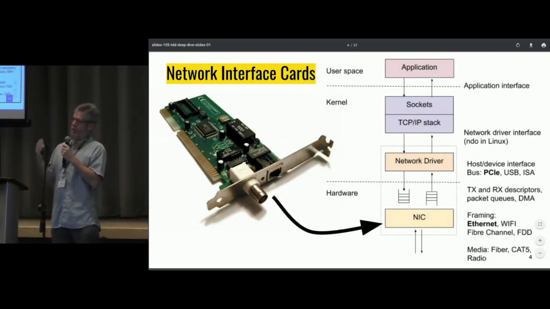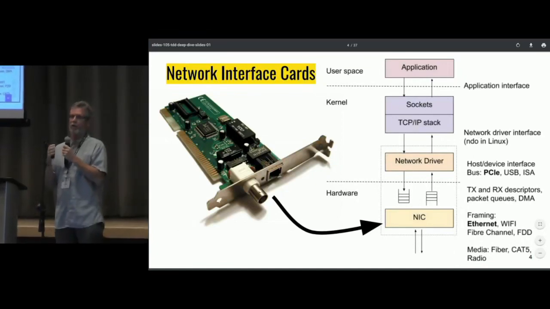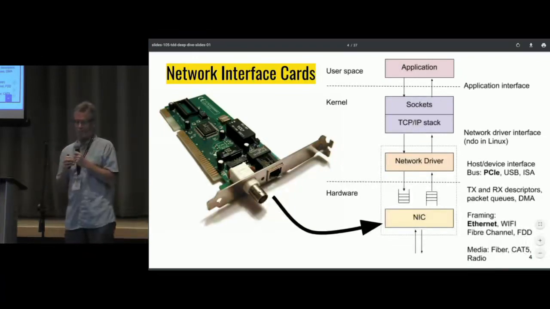And we use some sort of encoding or framing over that media, Ethernet, Wi-Fi, Fibre Channel. On the other side of the NIC, it connects into the system via the system bus. So typically today, this is PCIe or USB. In the olden days, like this card, it was ISA.